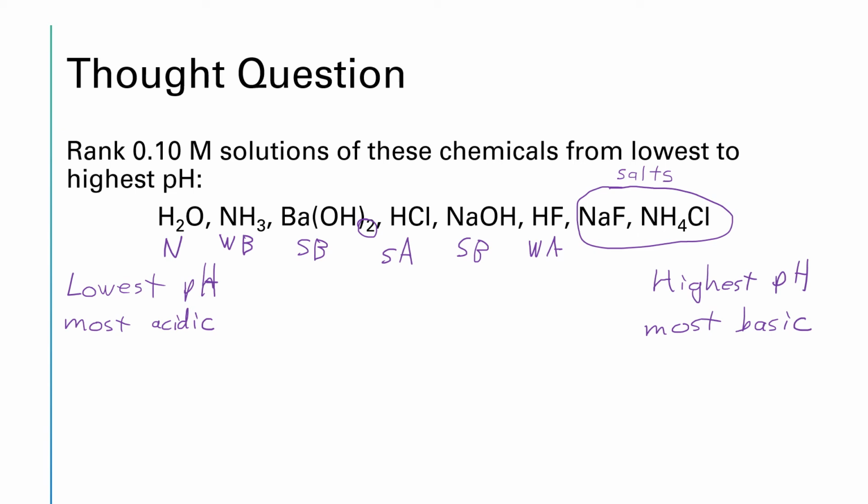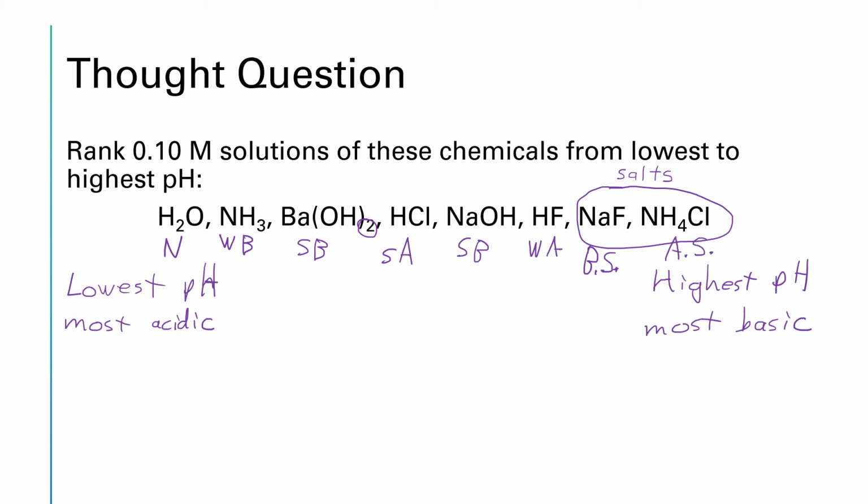So this is going to be a basic salt since sodium hydroxide is strong. Ammonium chloride came from the weak base ammonia and the strong acid hydrochloric acid, so the strong one points us in the direction of its pH. So this will be an acidic salt. And there you thought BS only stood for bad science. It also stands for baking soda and basic salt.